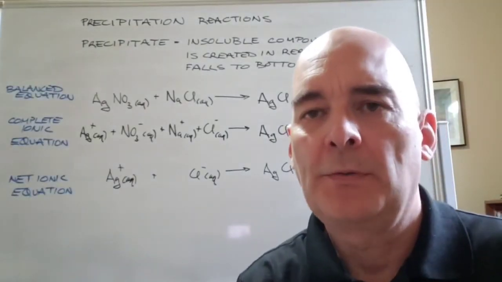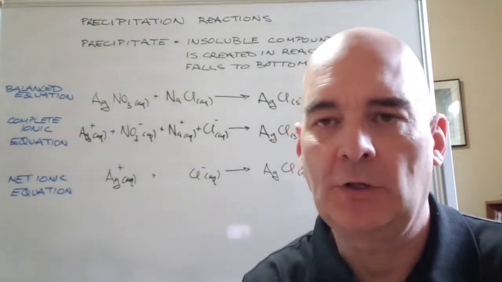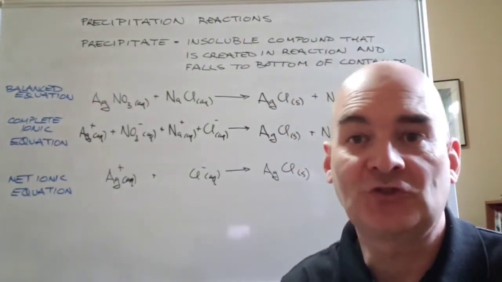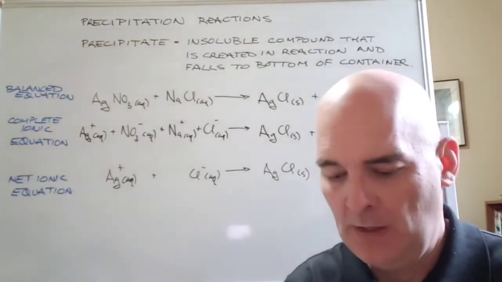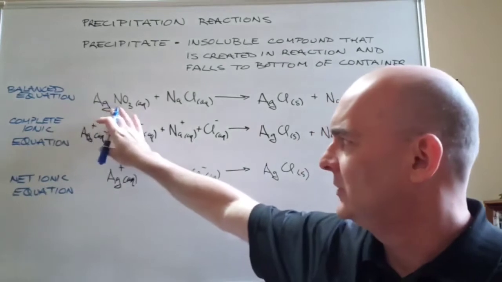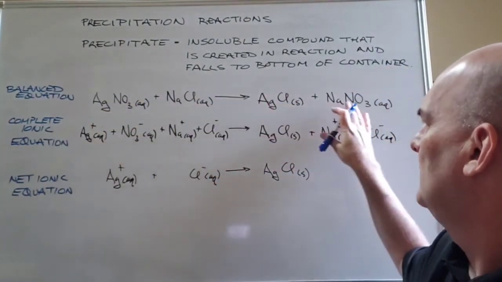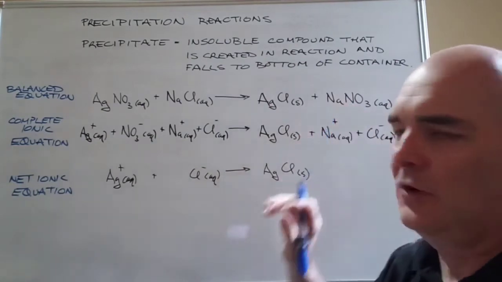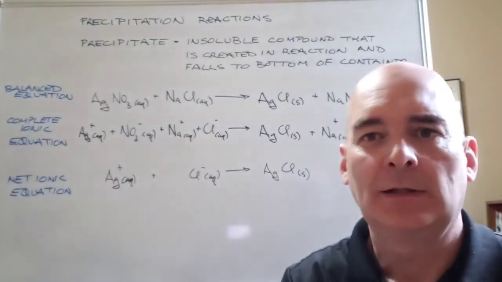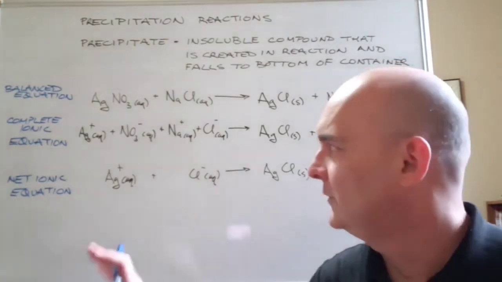Remember that all sodium salts are soluble, all nitrates are soluble. That makes them strong electrolytes. So what I could do to my balanced equation of silver nitrate plus sodium chloride makes silver chloride plus sodium nitrate is expand that into an ionic equation.